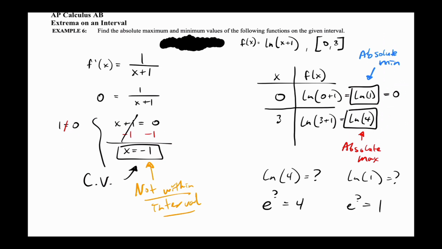I'm not going to check it. It's not going to go on my table. So the absolute minimum, 0, natural log of 1. The absolute maximum, 3, natural log of 4. I don't know what the natural log of 4 is, but I know it's bigger than the natural log of 1.